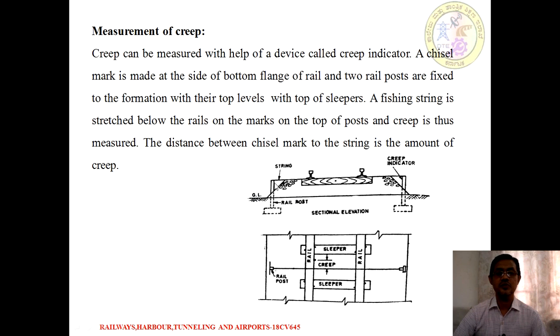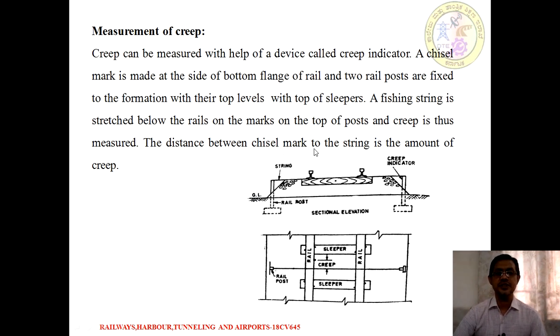A rail post with a creep indicator, or a string, is tied in a horizontal direction with a fixed point on the top of the sleeper. A fish string is stretched below to mark the creep with respect to the sleeper position, which is to be measured.